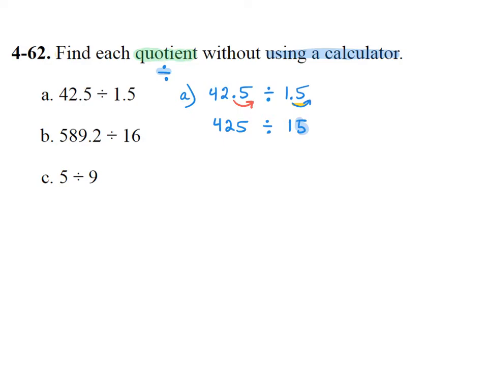Now here's the explanation. If I was going to write it as a fraction, the numerator is the first number, divided by 1.5. I don't want the denominator to be a decimal, so I'm going to multiply by 10, and when I multiply by 10, I have to multiply on the top as well.